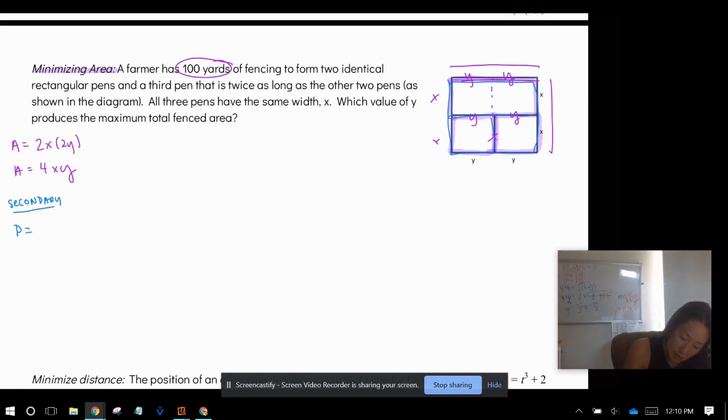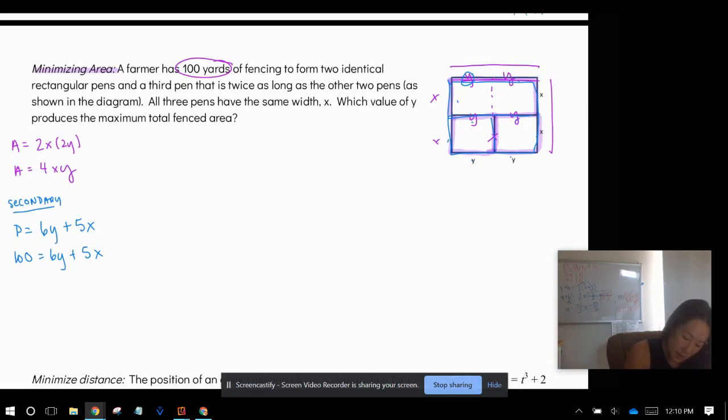So that would be 6y plus 5x's, plus 5x. And we have a total of 100 yards to use, so the perimeter has to equal 100.